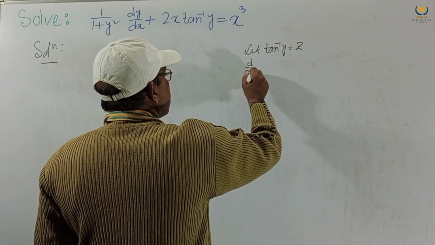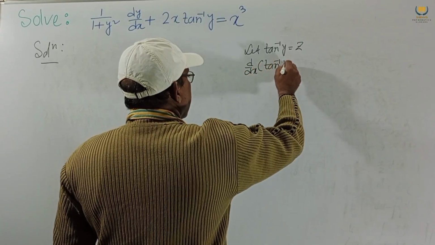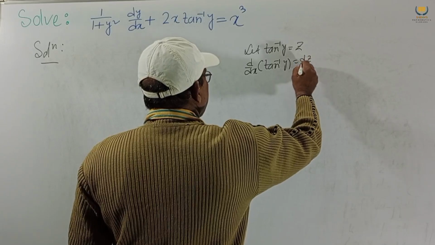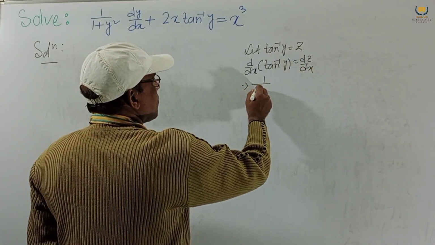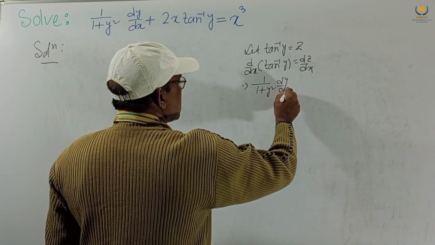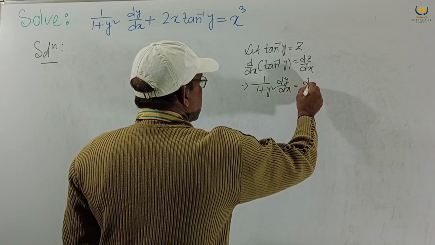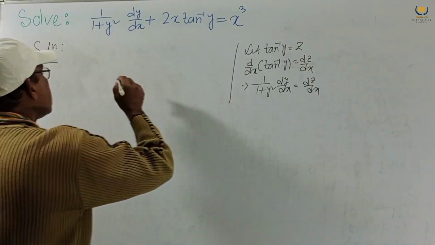Differentiating both sides with respect to x, we get this one. If we write directly 1 by 1 plus y square without showing the chain rule, we get dz dx.